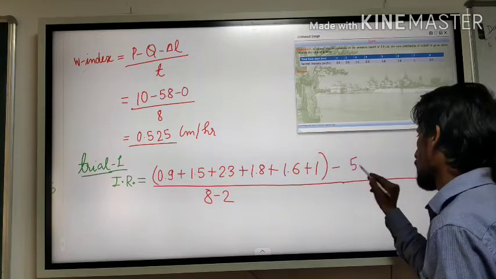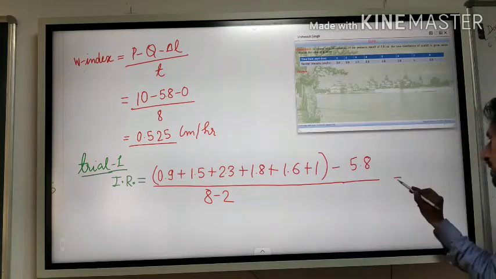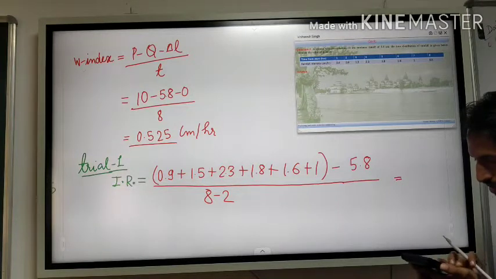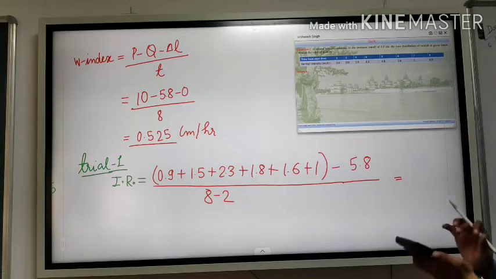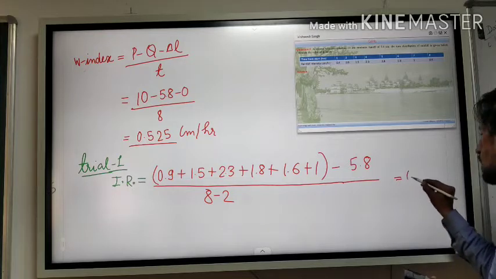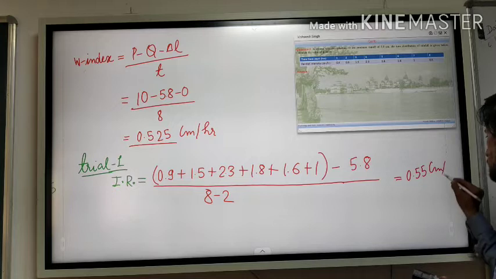So the value of runoff is 5.8. Then you can calculate the value. It comes out as 0.55 centimeter per hour.